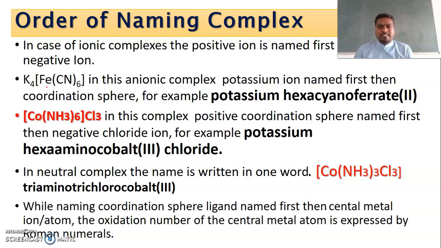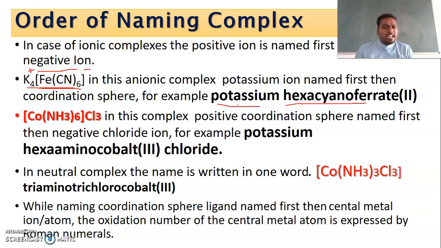Just see this example, the hexacyanoferrate complex. In this complex, K plus, potassium, is positive and the whole complex Fe(CN)6 is negative. So we write potassium first and Fe(CN)6 next. Look at the name: potassium hexacyanoferrate, hexa because of six cyanides.